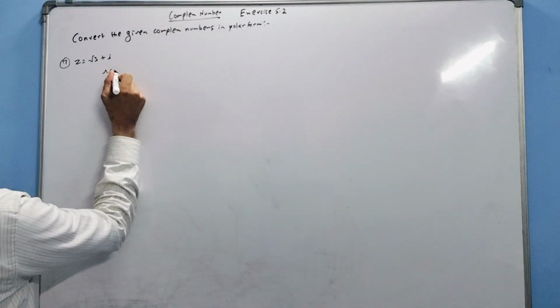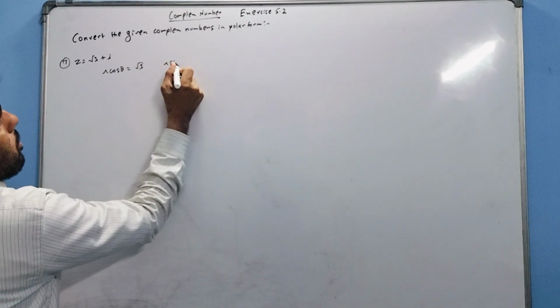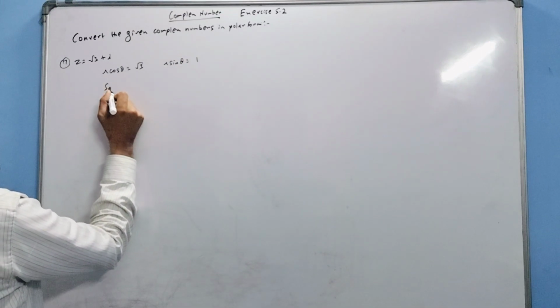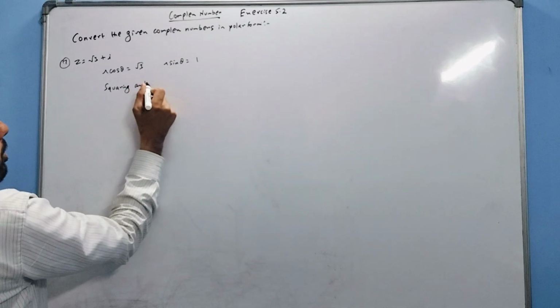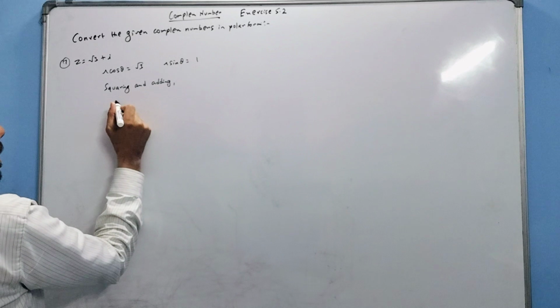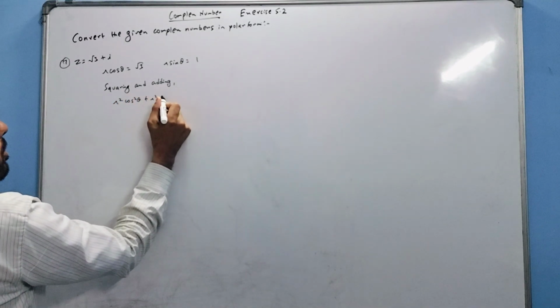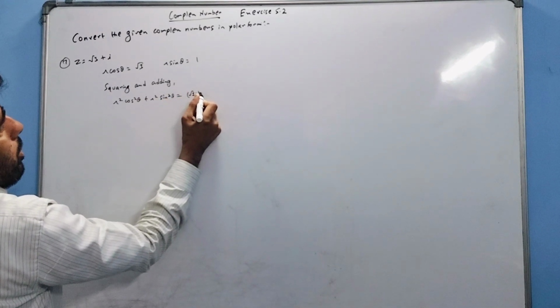So now r cos theta is equal to root 3 and r sin theta is equal to 1. So now squaring and adding. Okay, squaring and adding. So how to do it? Let us try. r square cos square theta plus r square sin square theta is equal to root 3 square plus 1.